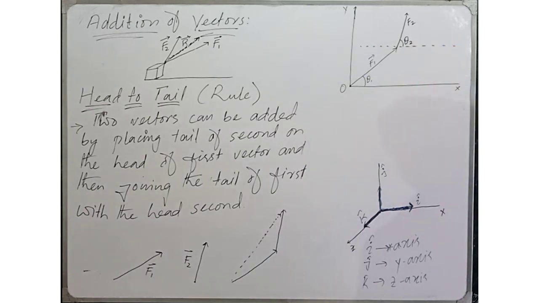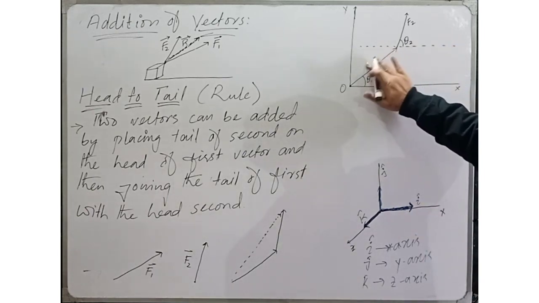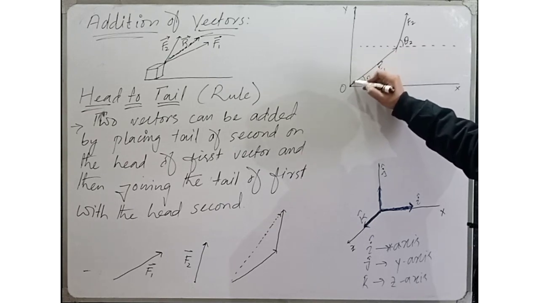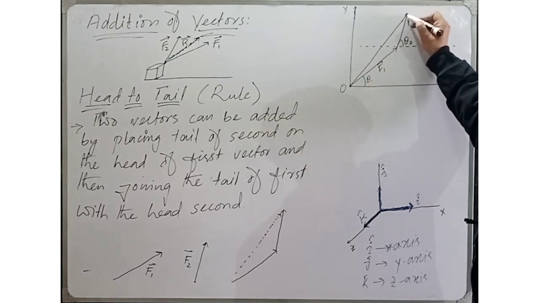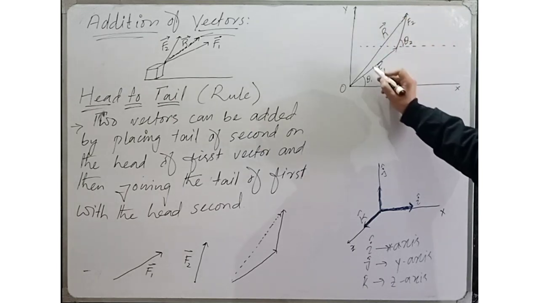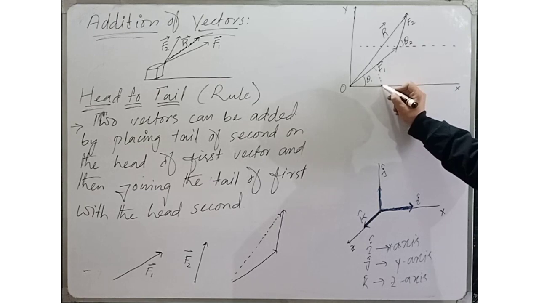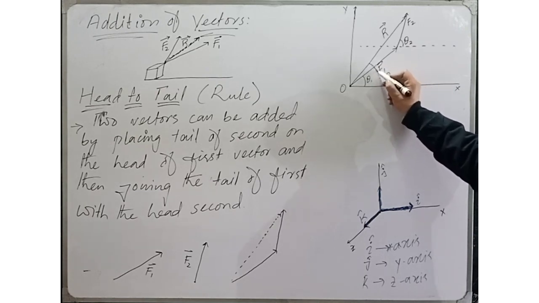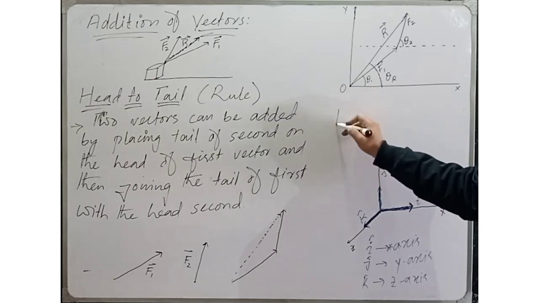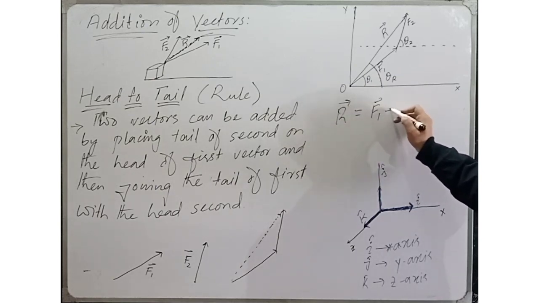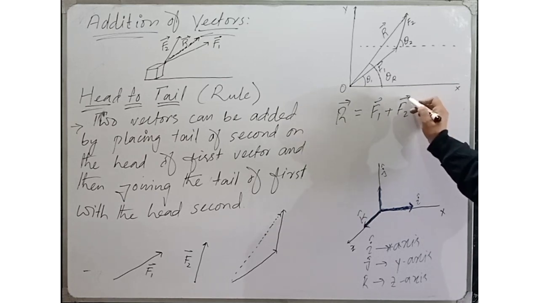Now we can join the tail of the first with the head of the last vector. This gives us the resultant vector R, making an angle theta R with the x-axis. So the resultant vector R equals F1 plus F2.